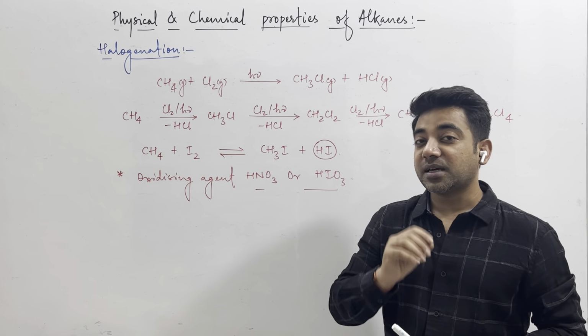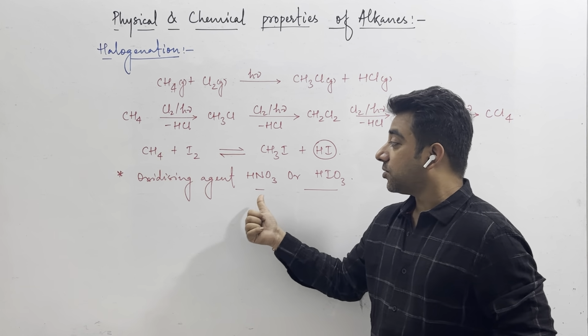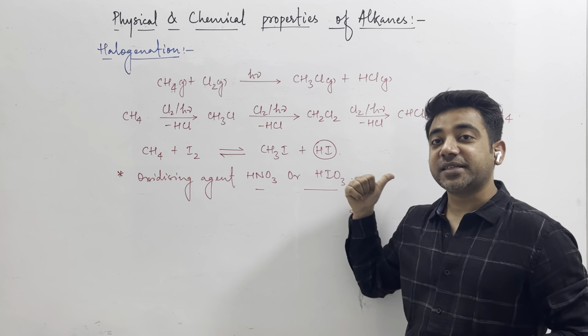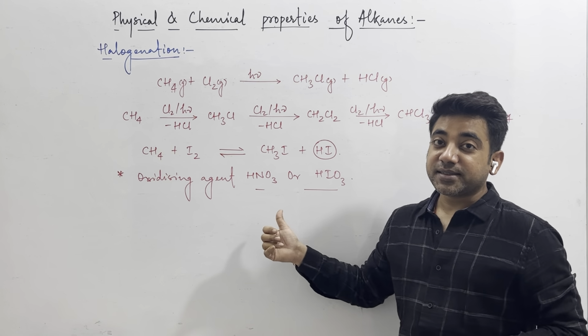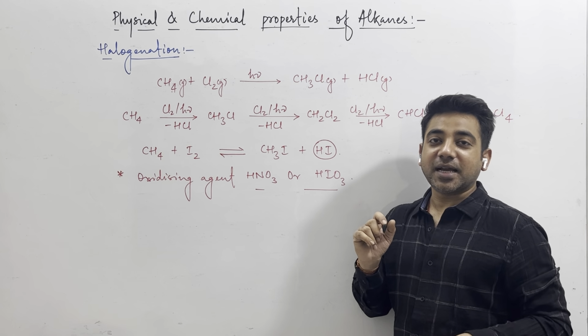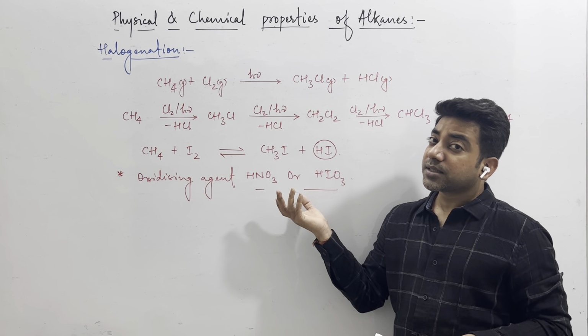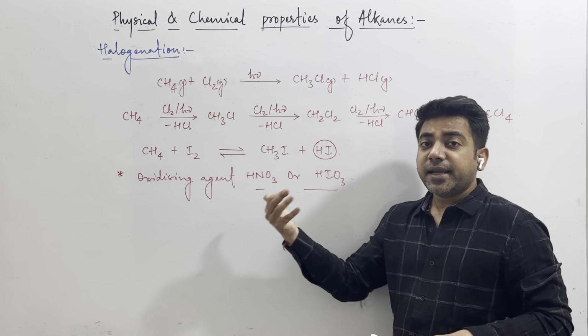This may come in the examination. That's why iodination is carried out in presence of oxidizing agent. So you must be very clear what this oxidizing agent does to the hydrogen iodide formed in the reaction. And you can try writing the reaction of hydrogen iodide with nitric acid or hydrogen iodate, any one of the oxidizing agents.